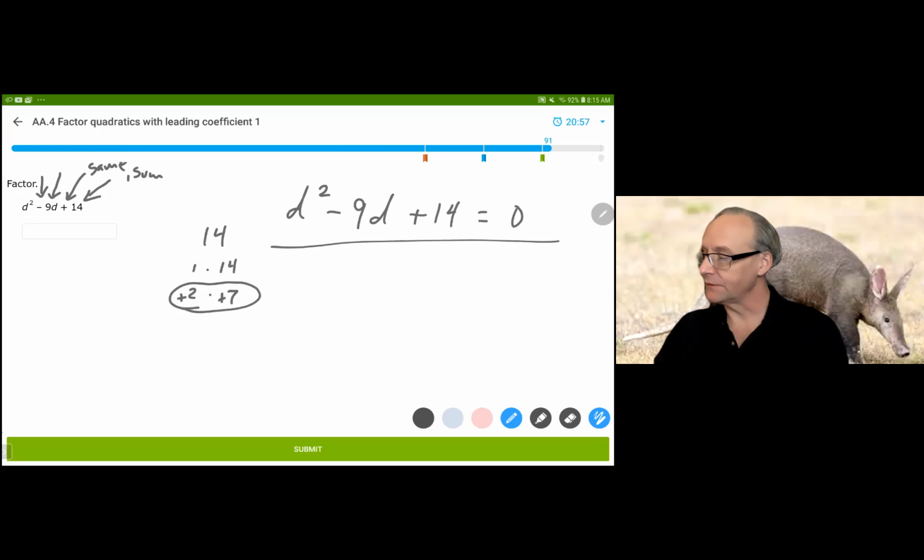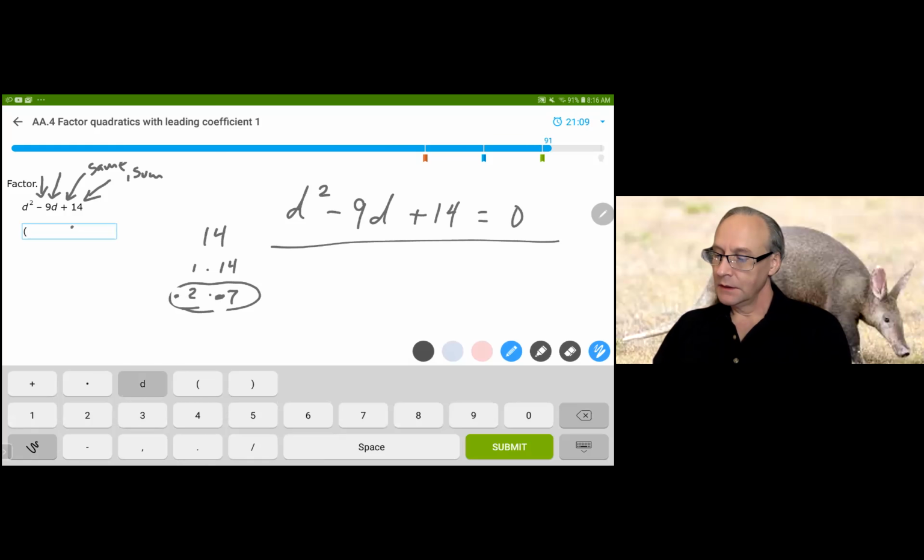Oh, they're both negative, sorry. Look at that. They're both negative because I have to have the same sign, but I need a negative in the middle, don't I? There we go. D minus 7 and D minus 2. And we have a negative 9 in the middle and a positive 14 when we multiply them.